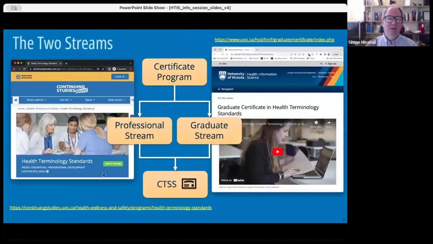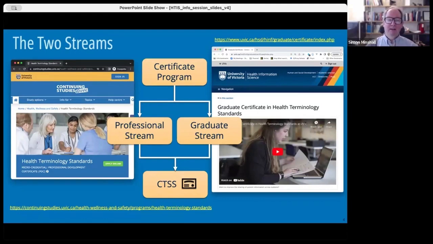Okay. Moving on, so the two streams are handled by two separate groups within the university. If you don't happen to have a bachelor's degree, then you can still get in. You would have to go through the Division of Continuing Studies, which is shown here on the left, and enter that way, and you would pay your fees through them, and then if you're accepted, enroll through them.